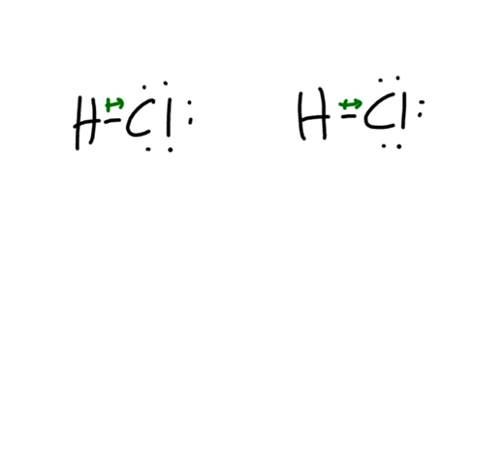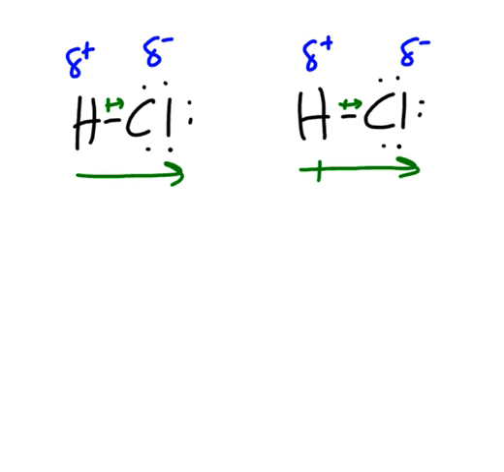That's already the way it is, because we have a dipole, which means this side of the molecule is already slightly positive, this one's already slightly negative, this one's slightly positive, this one's slightly negative. And if that bond's polar and there's only one bond, that means the whole molecule itself is polar.